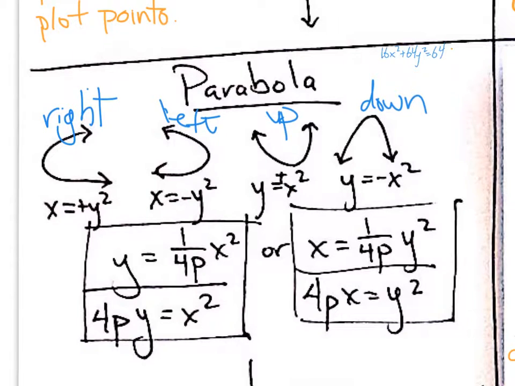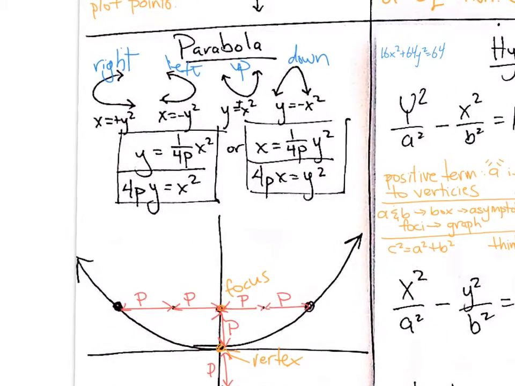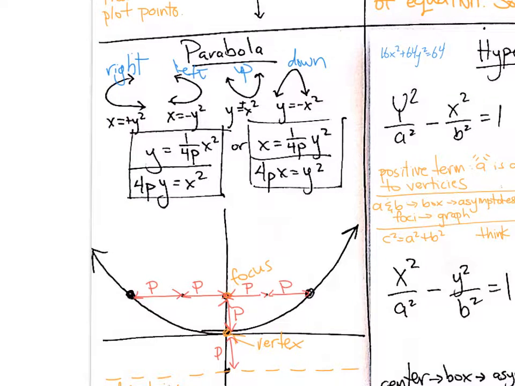So basically, when graphing these, the coefficient we set equal to 1 over 4p. P doesn't have a real special name other than p, but this variable really defines the parabola and its shape.